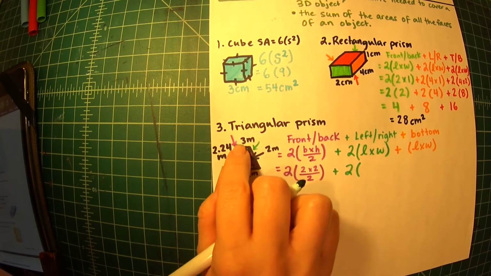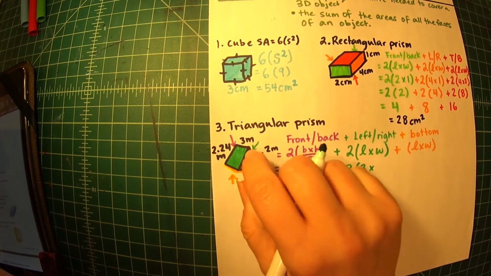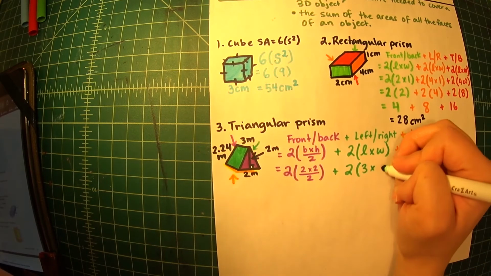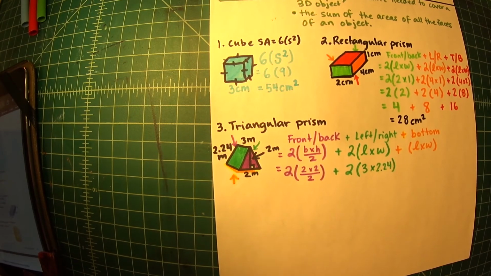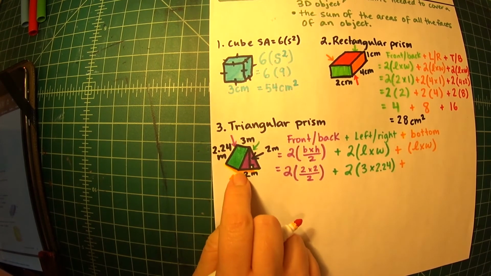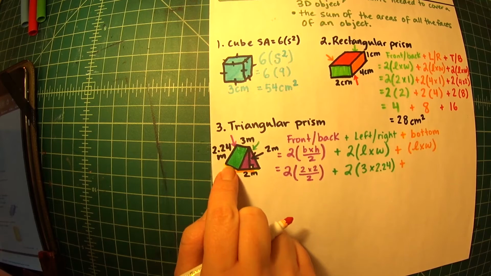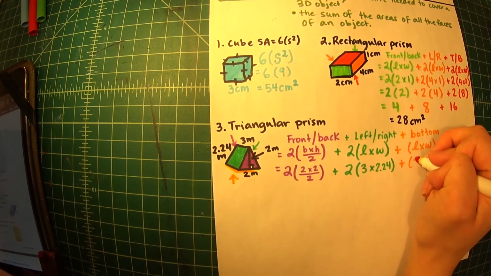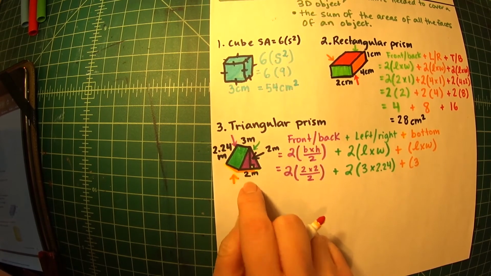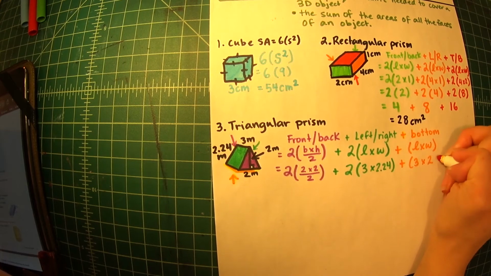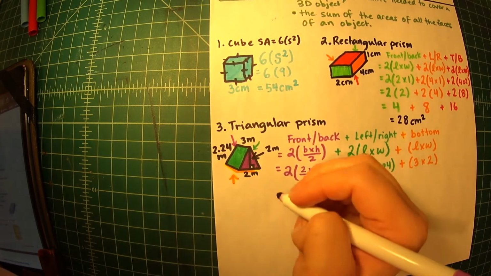So we have the length at the top right here, 3, times the width, the side right here, 2.24. And then finally, the lonely old bottom, the length runs parallel to the edge at the top here that's labeled 3, so that means that the length down at the bottom here is also 3. And the width of this rectangle at the bottom is the same as the base of the triangular face, so 3 times 2.